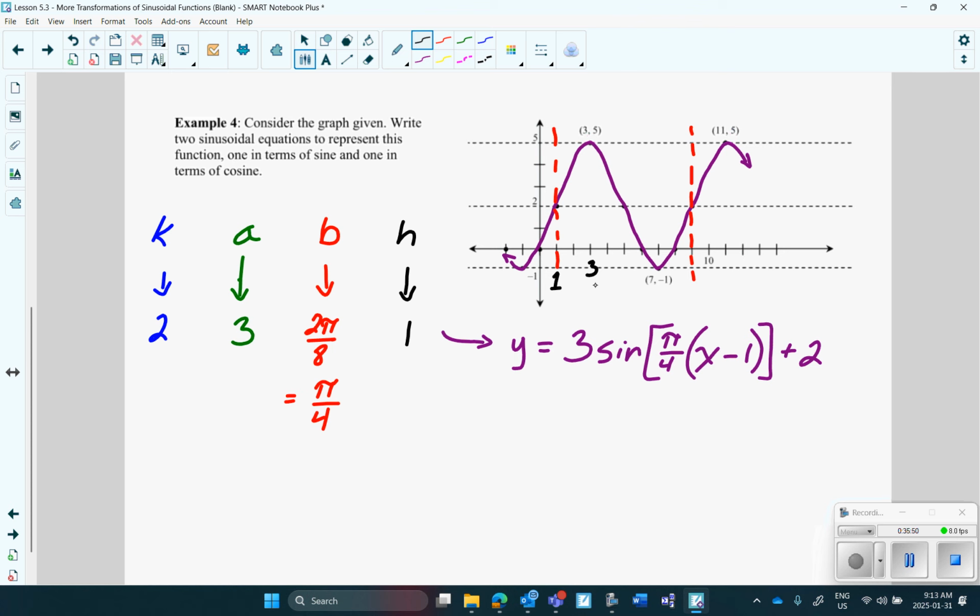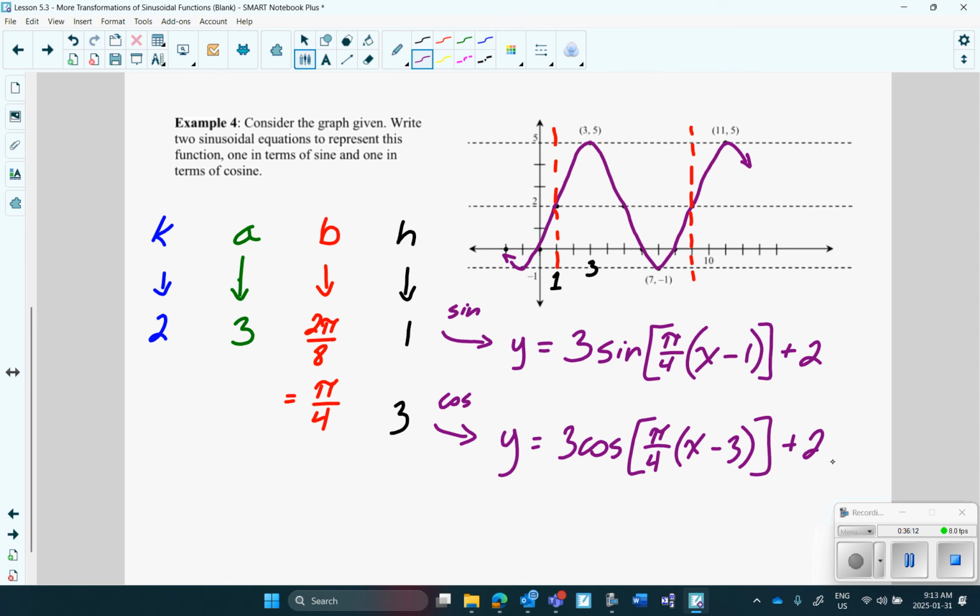So if we're doing cosine, this is sine, this is cosine. y equals 3 cosine, everything else stays the same, we just change h. So it becomes x minus 3.